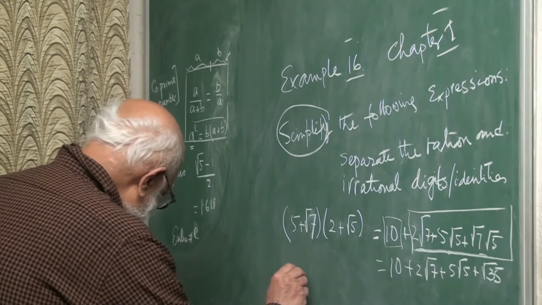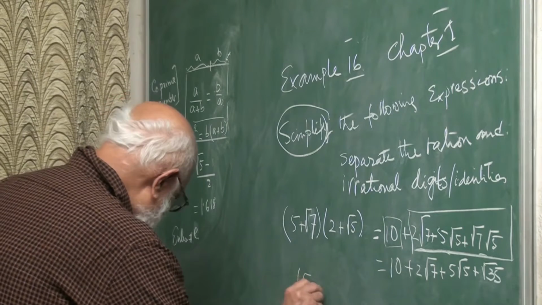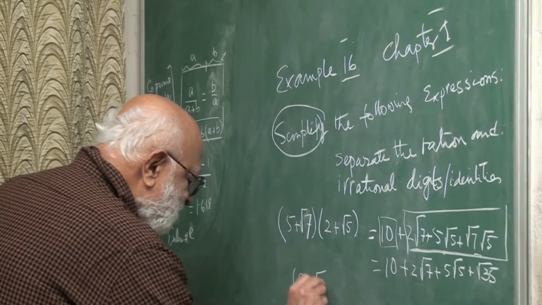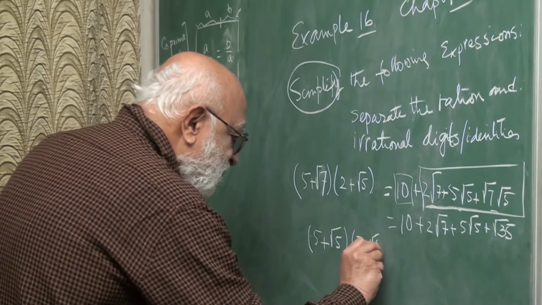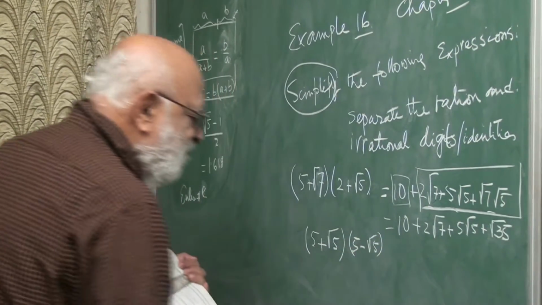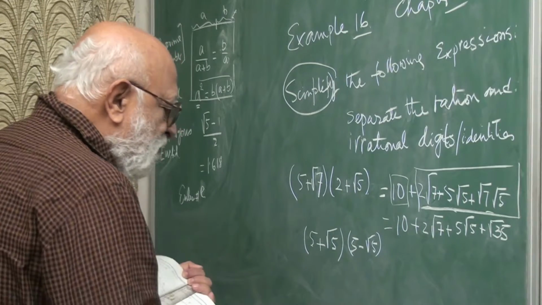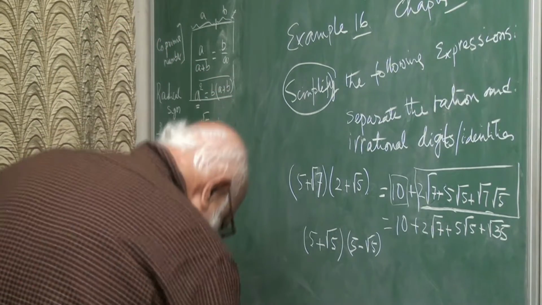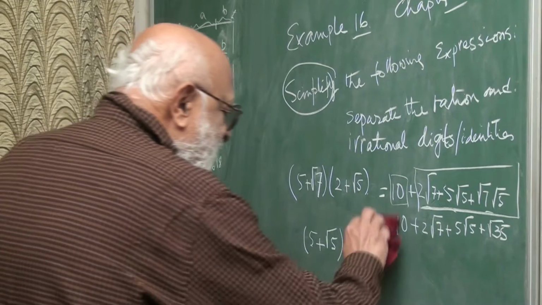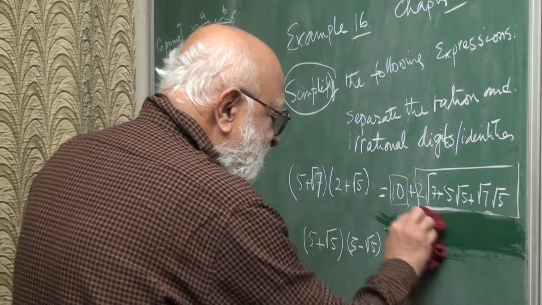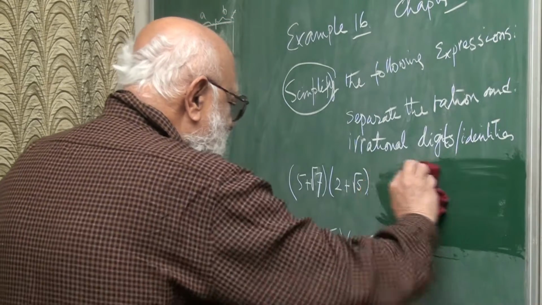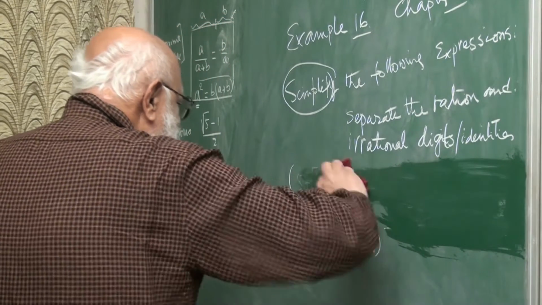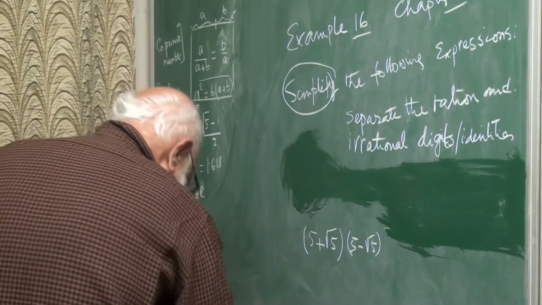Okay, the next one is a little bit easy: 5 plus root 5 into 5 minus root 5. I would like to erase this so that you don't get confused with this one. Sometimes this causes confusion.